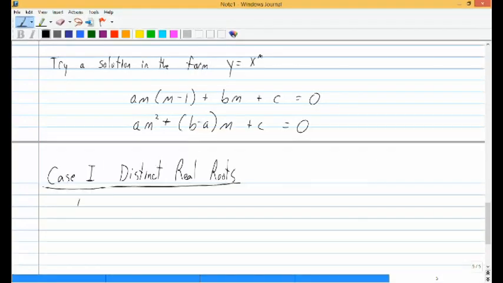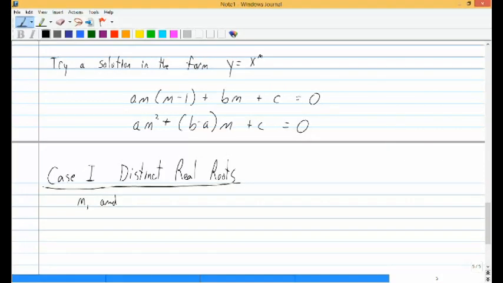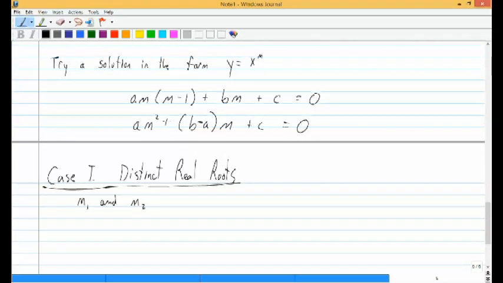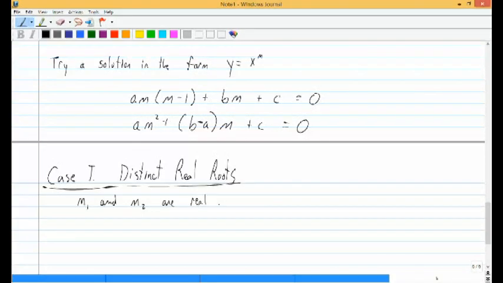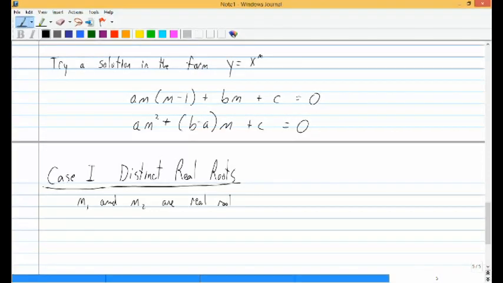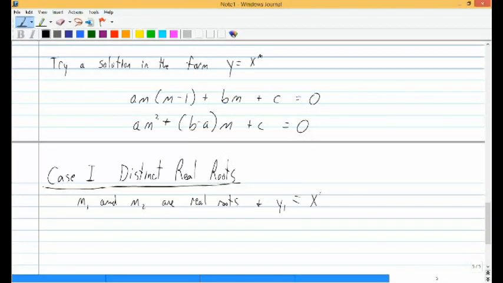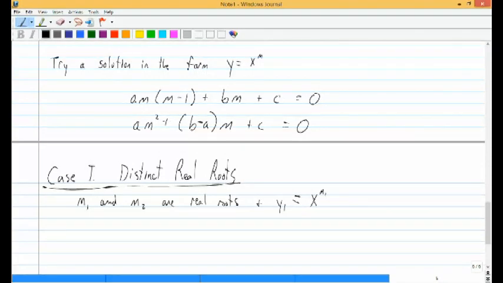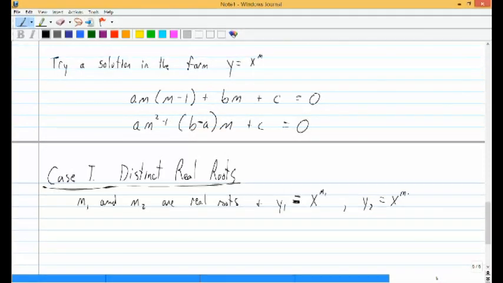So that means we will have an m sub 1 and an m sub 2 that are real roots, meaning they're real numbers. The y sub 1 would equal x to the m sub 1 and y sub 2 would equal x to the m sub 2.